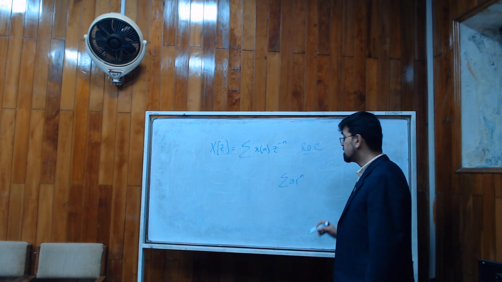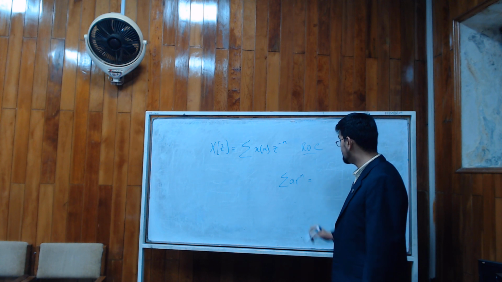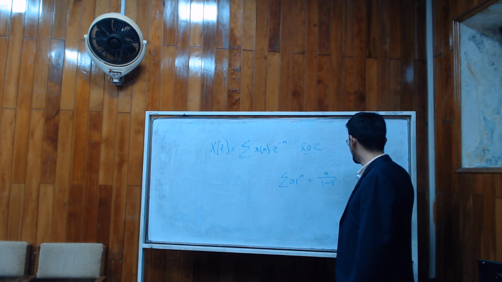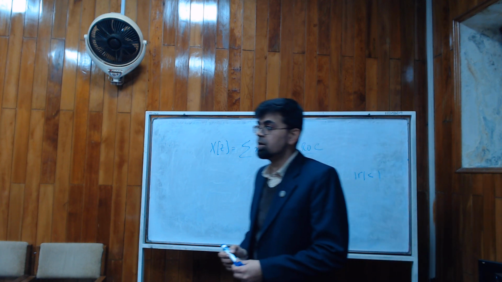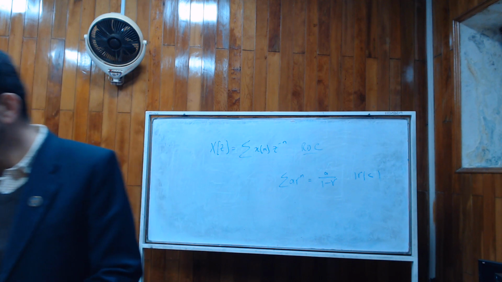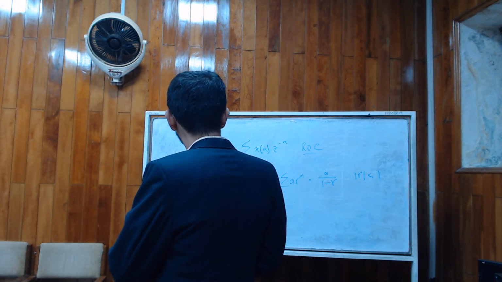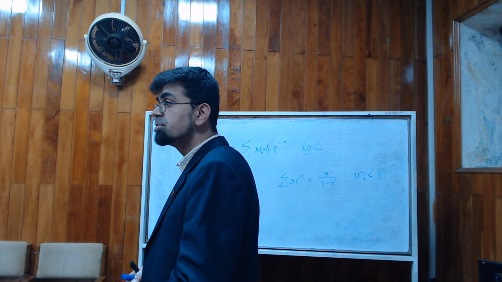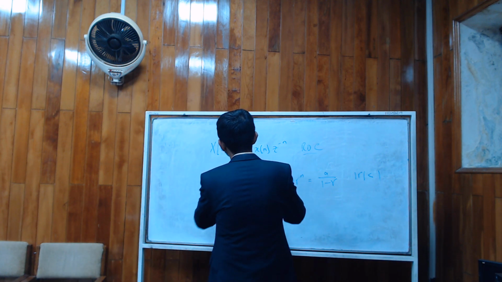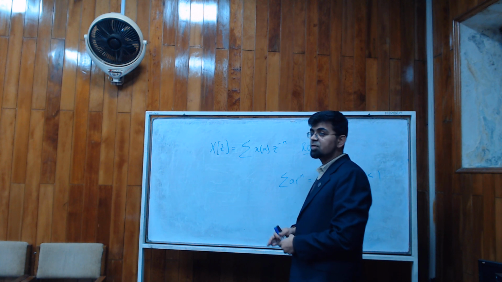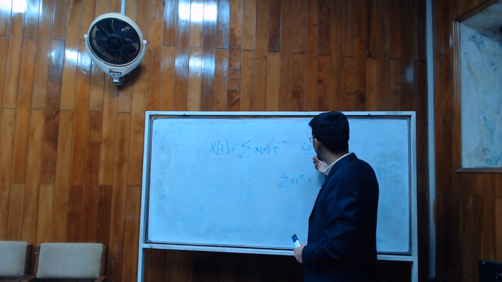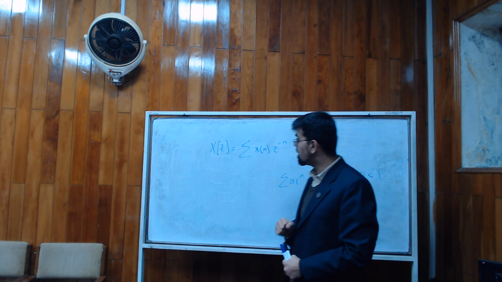This sum led to a over 1 minus r with what condition? Right, absolute value of r had to be less than 1. So we did look at geometric series, but in the context of the definition of the Z transform, finding the Z transform, and also finding the region of convergence.